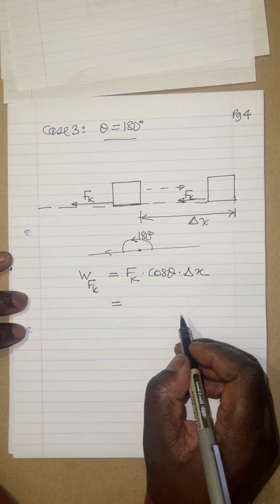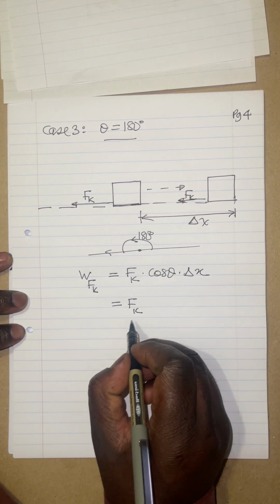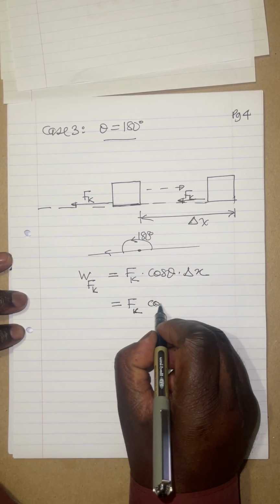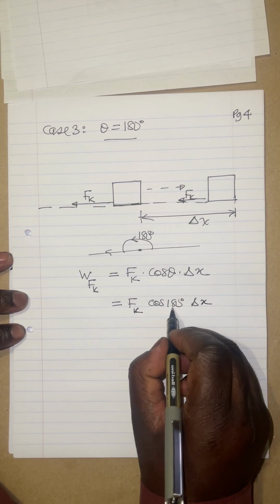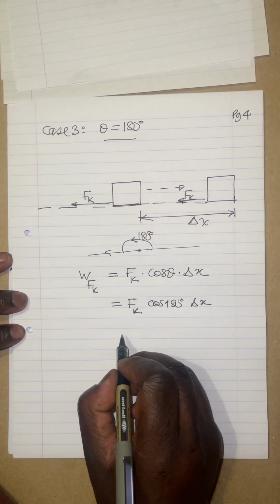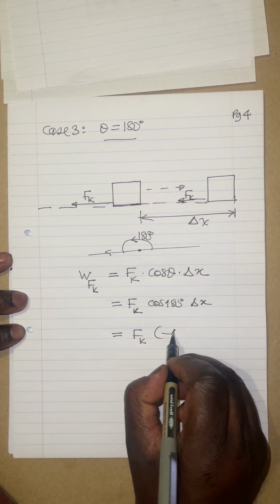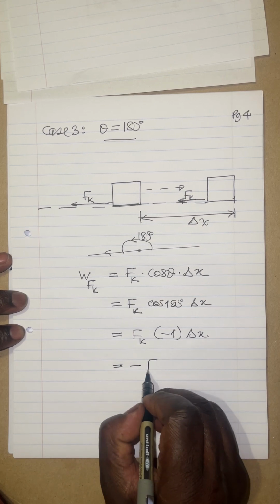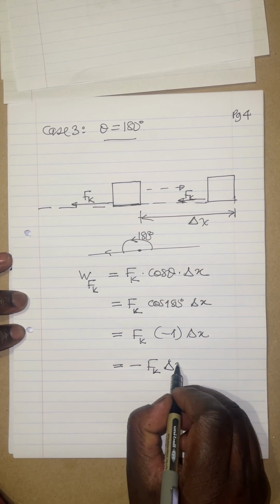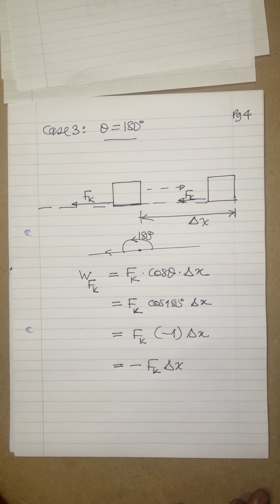Well, I don't care what the frictional force is, but we know that we can leave it as Fk, and this will be cosine of 180 degrees times delta x. What is cosine of 180? Well, the answer is minus 1. So this is going to be Fk times minus 1 times delta x, and this simplifies to minus Fk delta x. So we can clearly see here that frictional force does negative work on the system or on an object.